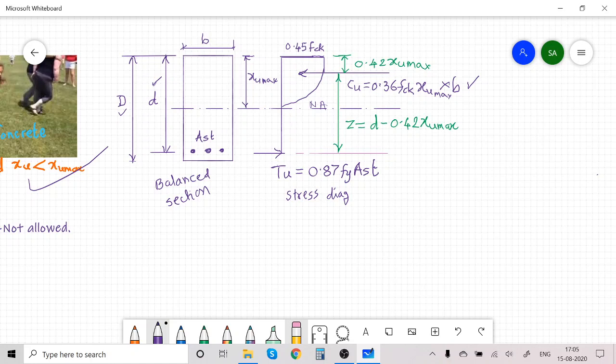Then Tu, the total tensile force given by steel, is 0.87 Fy into AST. These two unlike parallel forces form a couple.